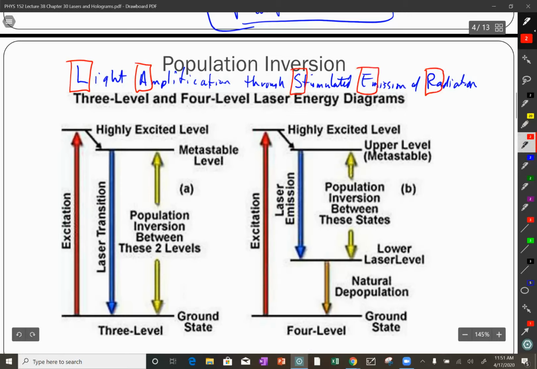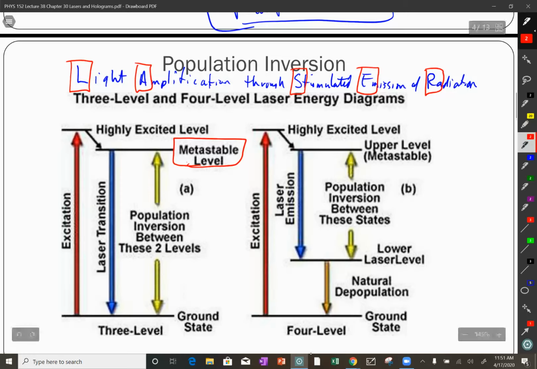That's what laser stands for. It's an acronym. And for a laser to work, you need to have electrons in a metastable state. So they're just waiting around, and then you have something we call stimulated emission that makes them decay.